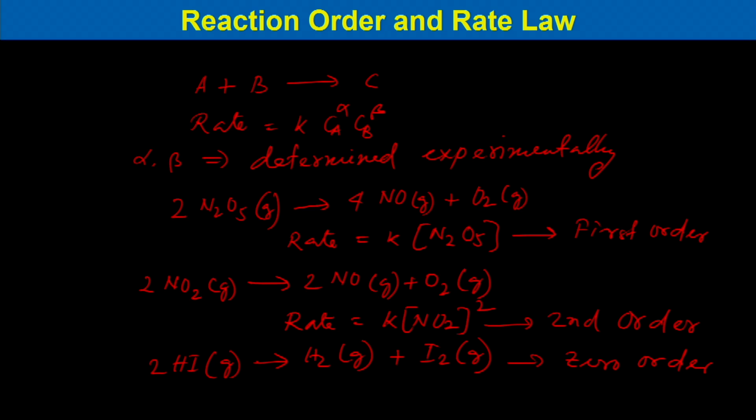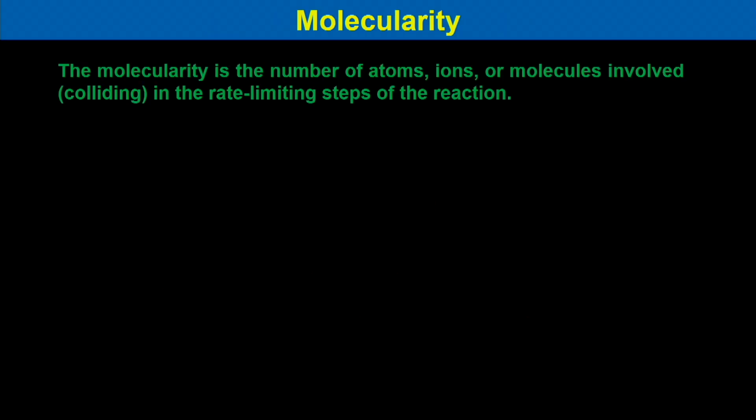Now, we will discuss another important topic, which is the molecularity of the reaction. Molecularity is defined as the number of atoms or ions or molecules involved in the rate limiting step of the reaction.